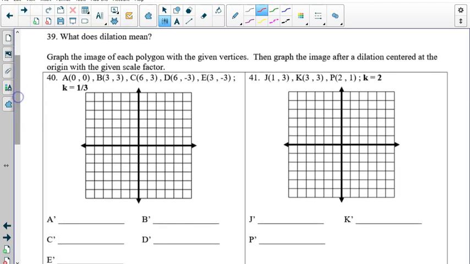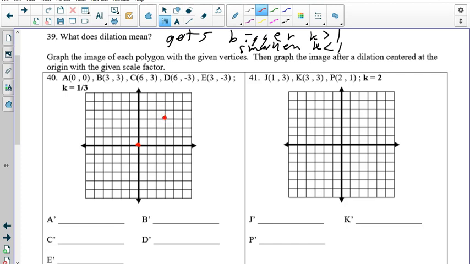Okay, dilation. Dilation means it gets bigger if K is greater than 1, and smaller if K is less than 1. So let's put this on here. A is at 0, 0. B is at 3, 3.